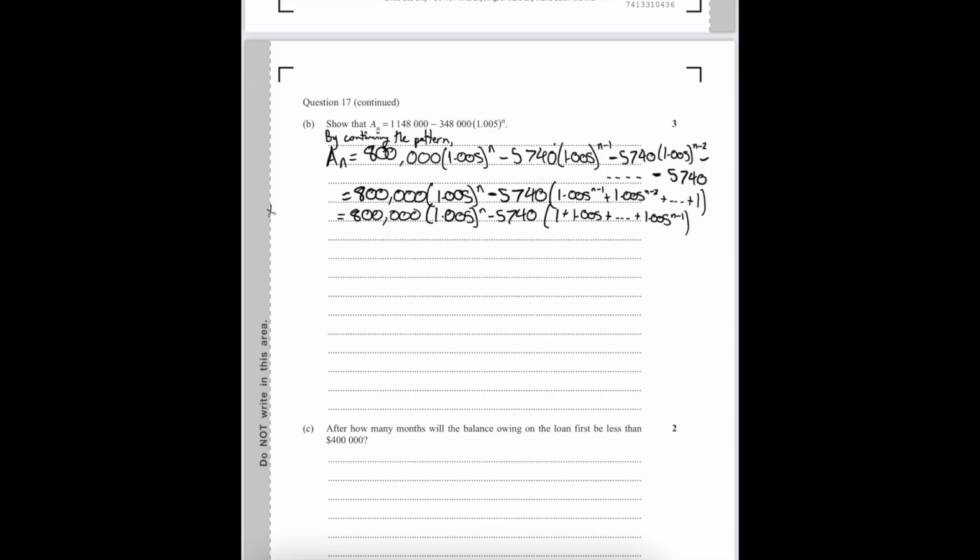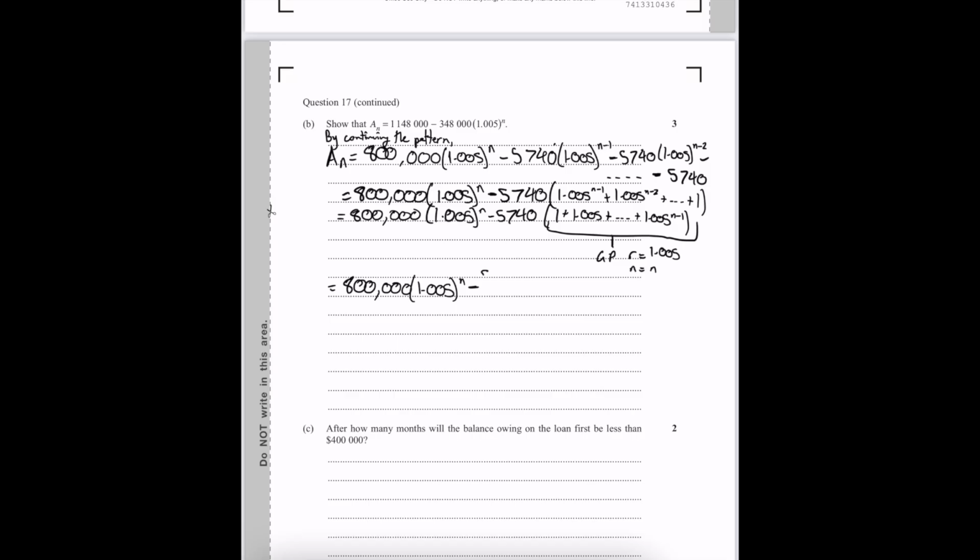And then we can treat this as a GP with r equals 1.005 and the number of terms is n. So we can say it's equal to 800,000 outside of 1.005 to the power of n.